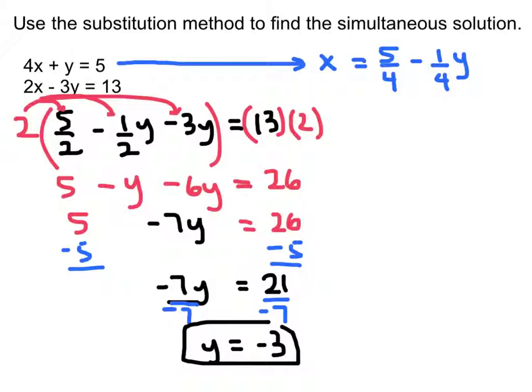To finally solve the system, we will take our y value of negative 3, and while you can plug it into either of the equations, sometimes it's faster to plug it into the equation that you solved for x. So if we do that, we should get x equals 5/4 minus 1/4 times negative 3.